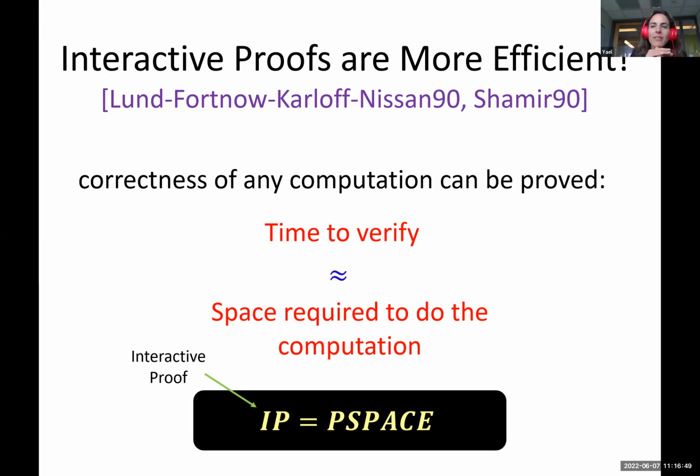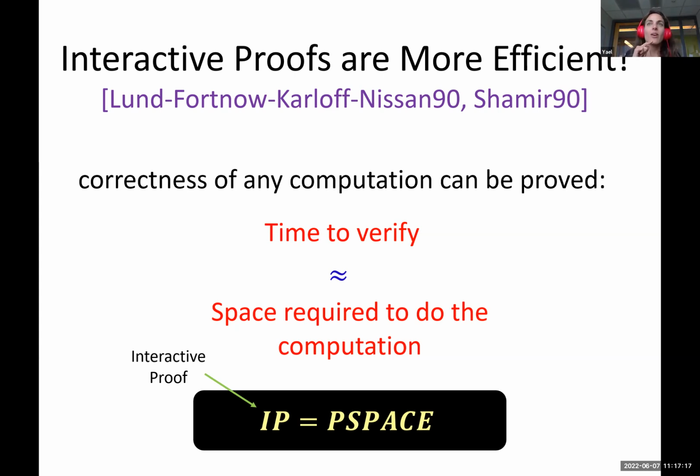Everything is up to polynomial, like all the communication complexity can be polynomial, because when we think of proofs, the verifier needs to be efficient. Otherwise, he doesn't need the prover. So the verifier is efficient, and hence we always think of the communication as being efficient. And in theory, when we say efficient, we mean polynomial time. So the number of rounds is polynomial, the number of bits sent is polynomial, everything is polynomial.